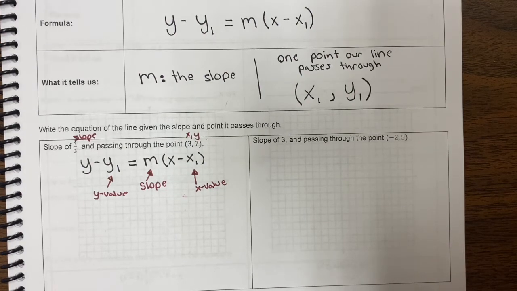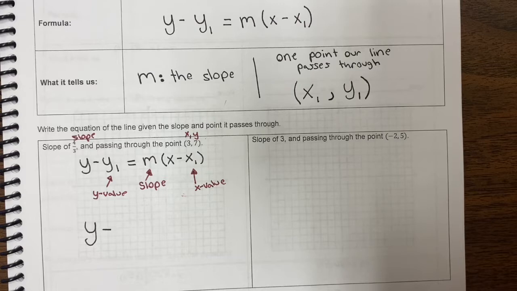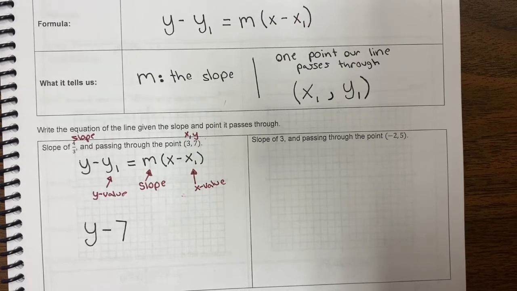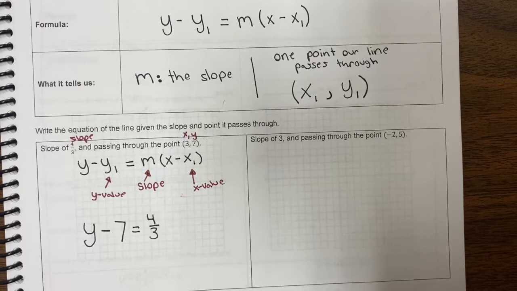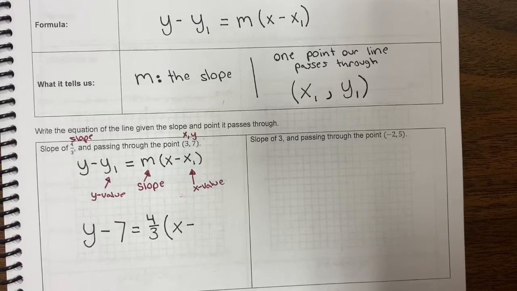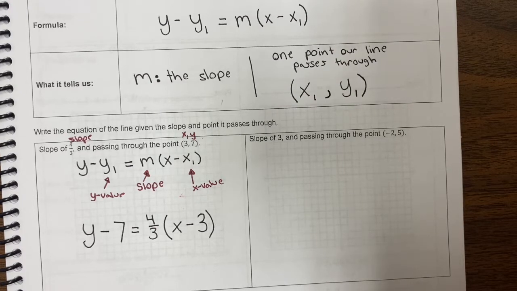So now I'm going to bring down my y, minus my y value is 7, equals my slope value is 4/3, and in parentheses, I have x minus the x value they gave us was 3. And I'm going to close out the parentheses. Look, we just wrote an equation.